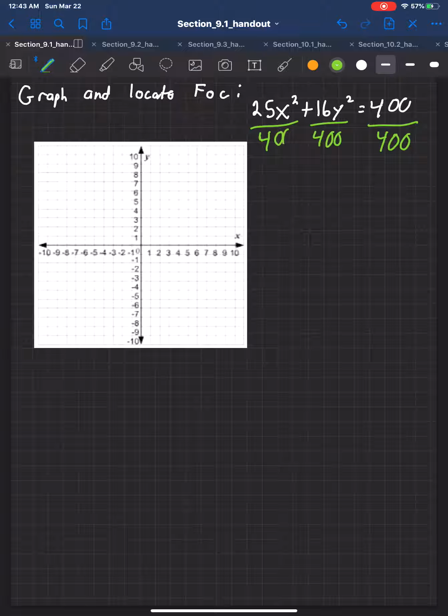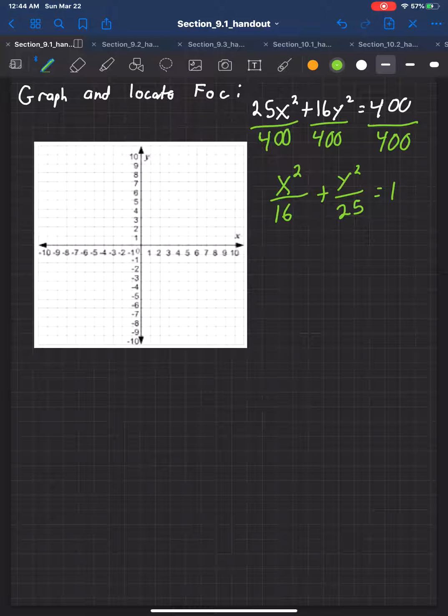See, this is one of my tricks. I give you an equation, and you can't even tell that it's an ellipse until you recall to divide everything by 400, because an ellipse is always equal to 1. And what do we have at that point? We have x squared over 16 plus y squared over 25 is equal to 1.